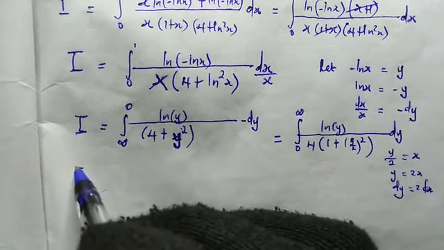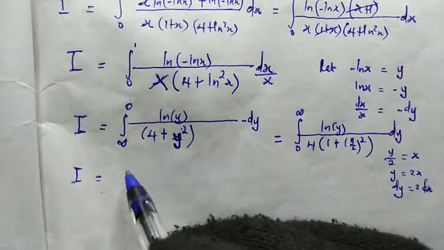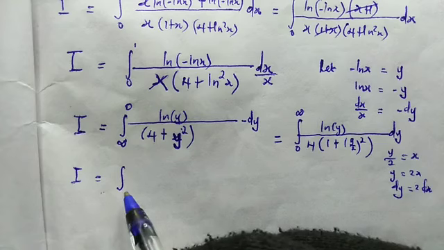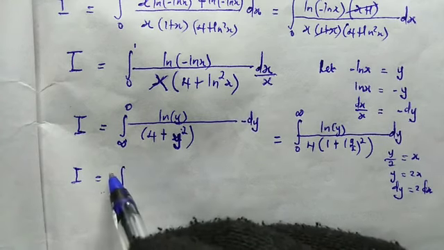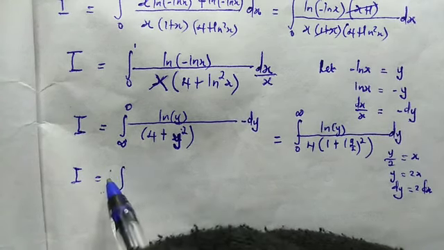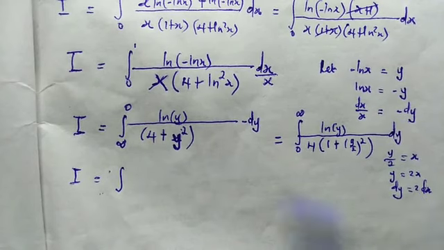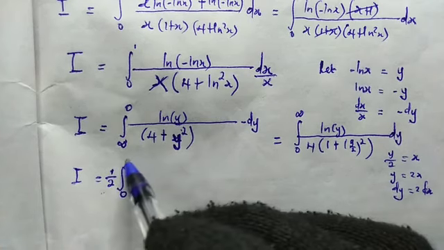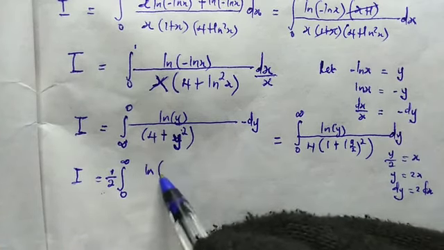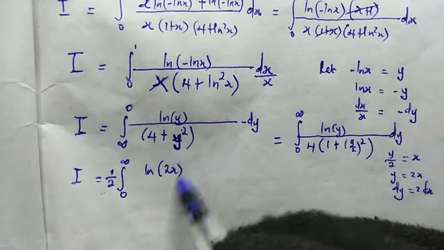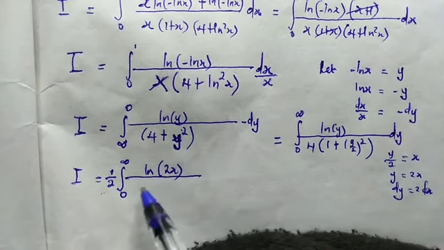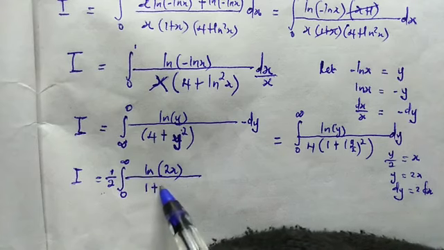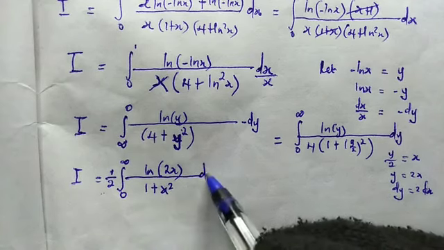So the target integral I is going to be the integral. We still have the same limits of integration, but this 4 here is moving out, and that 1 over 4 times these 2 here, we are just left with 1 over 2. Then from 0 to infinity, the natural log of 2x all over 1 plus x squared dx.